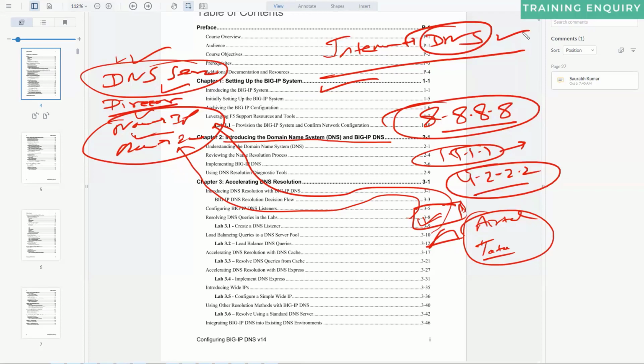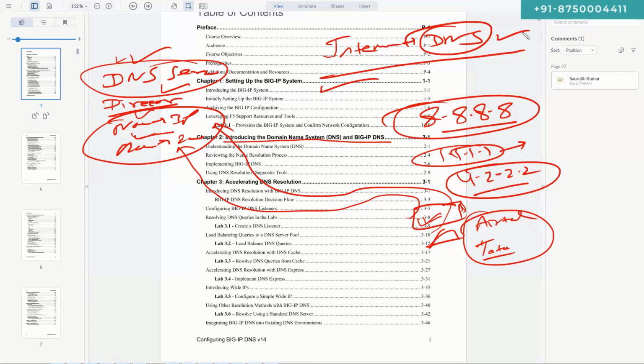Just imagine how many requests these DNS servers are receiving in a second. So you need some sort of scalability, you need redundancy, you need high availability. You have all those requirements now at the DNS level, especially at the DNS server level, right?